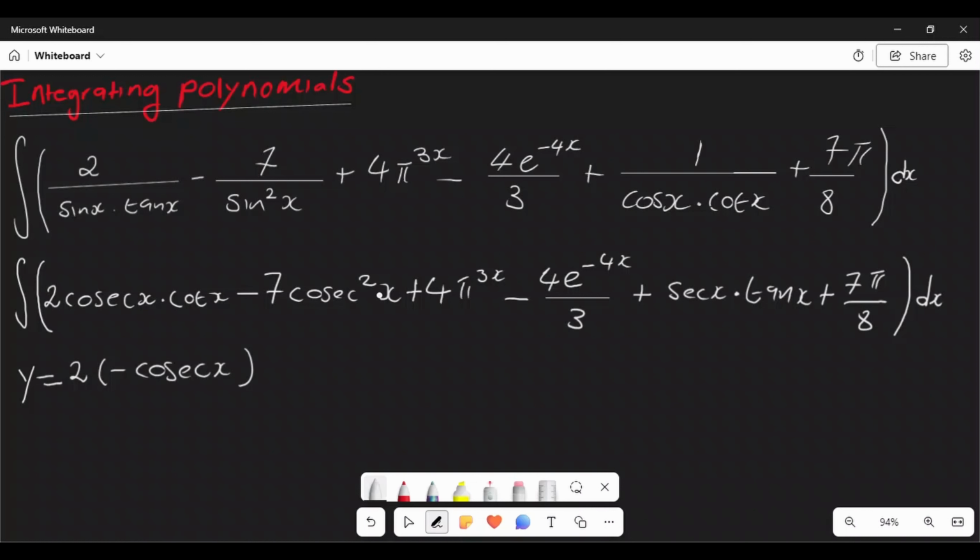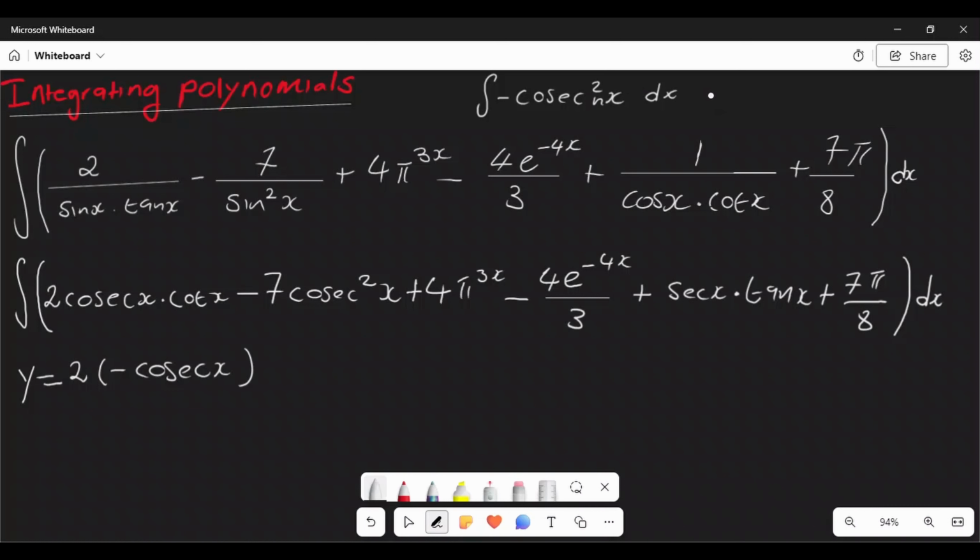You need to remember that whenever we're integrating, we are doing the opposite of the derivative. So when we do the integral of negative cosec squared nx dx.